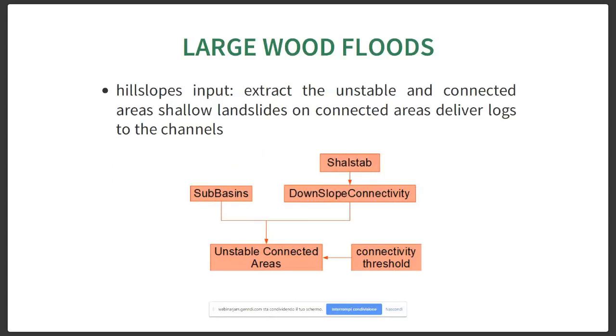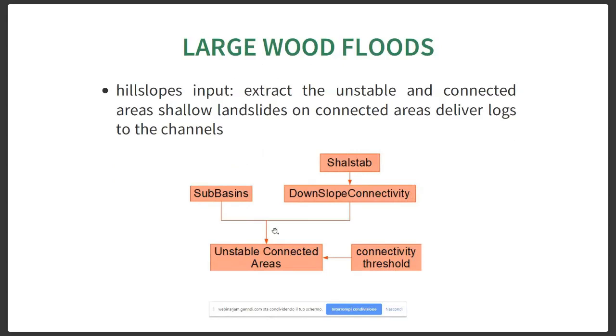So we evaluate the stability of the hill slopes with the Shalstab model, and a model for the downslope connectivity to understand if the unstable areas are connected to the stream network.